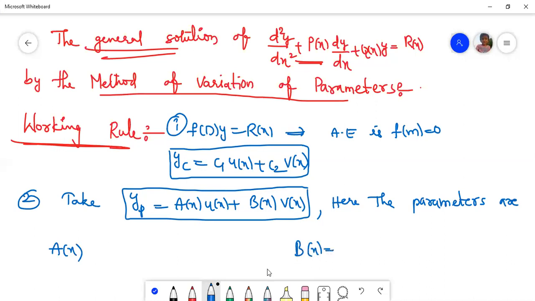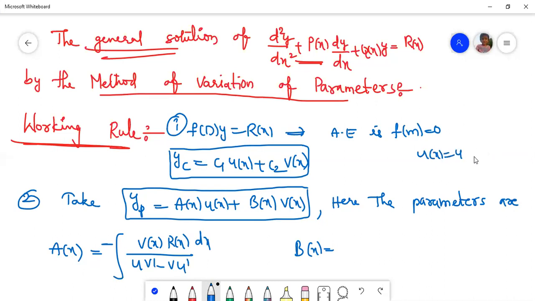Those can be found out by the formula: a of x equal to minus v of x into r of x dx by u v dash minus v u dash. Here u of x equal to u, v of x equal to v, du by dx equal to u dash, dv by dx equal to v dash.